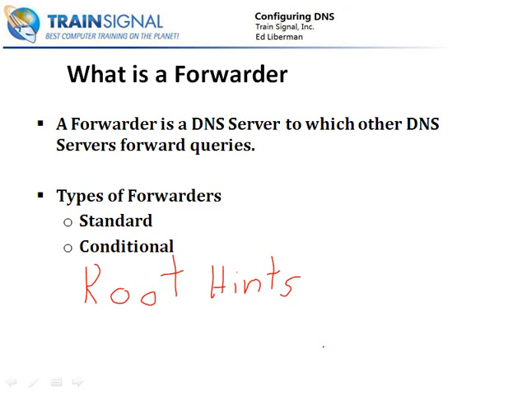Now, a conditional forwarder is where you have a namespace tied to the forwarder. So you can have situations where a DNS server can be programmed with, hey, if you don't know the answer, and the request was for a specific area of namespace, go ask this specific DNS server. Let's go ahead and take a look at how this works.